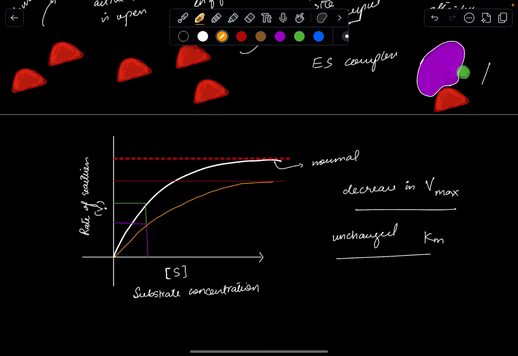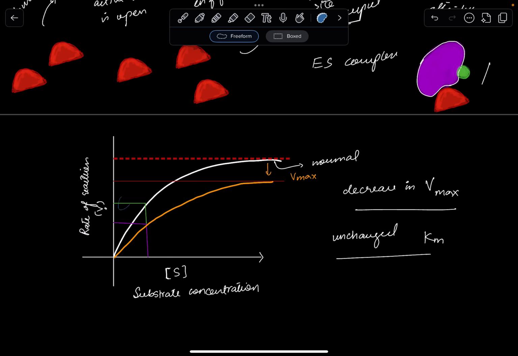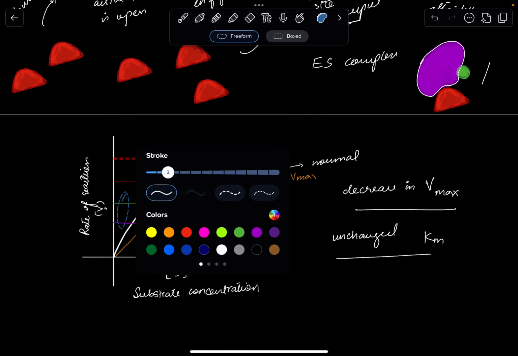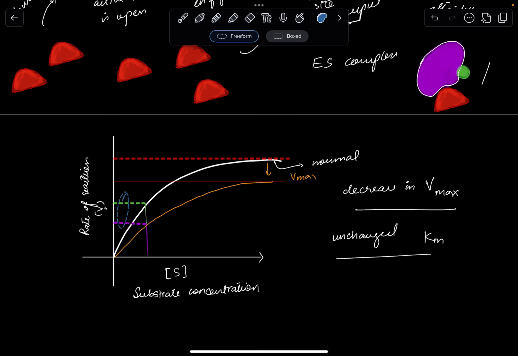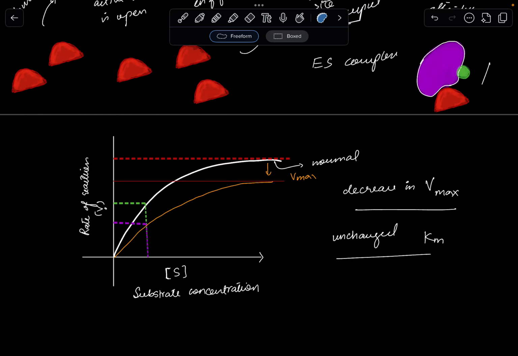So as you can see, my Vmax has decreased. But my Km value has remained the same.